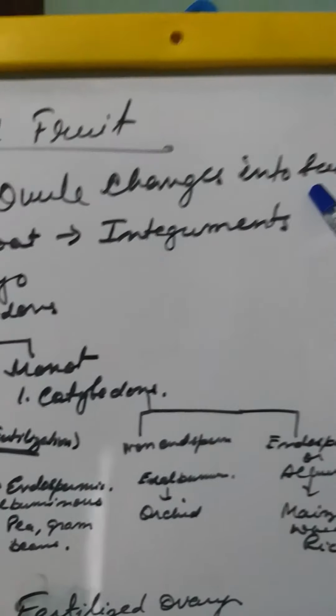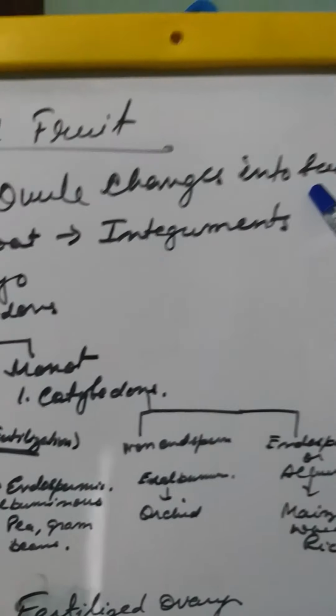Now again, the seeds having two cotyledons are divided into two types. One is albuminous or endospermic seed and the other is non-endospermic or exalbuminous seed. Basically all grams, pea, gram, beans, all the pulses come under non-albuminous or non-endospermic seed.